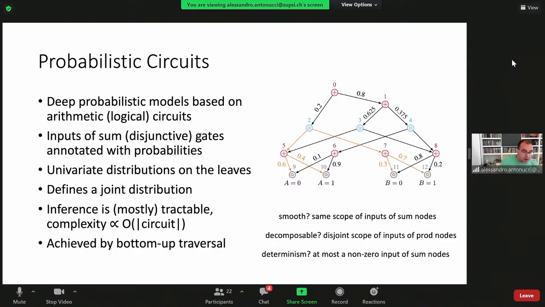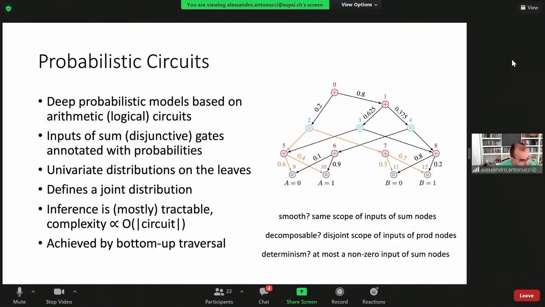This is the idea behind sum product networks. These are graphical models, but also computational structures. Historically, they have been considered to solve inference in classical graphical models like Bayesian networks. So it's not surprising that inference in this model is most of the time tractable, basically linear in the size of the circuit. Inference is like a bottom-up traversal for most of the tasks.